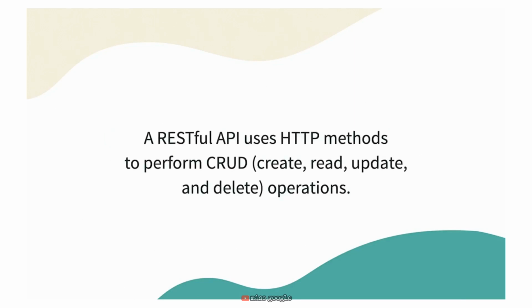In a REST API, there are many HTTP methods that can be used to define endpoints, the most common being GET, POST, PUT, and DELETE. In a REST API, you would use a GET request to retrieve a record, a POST request to create one, a PUT request to update a record, and a DELETE request to delete one.